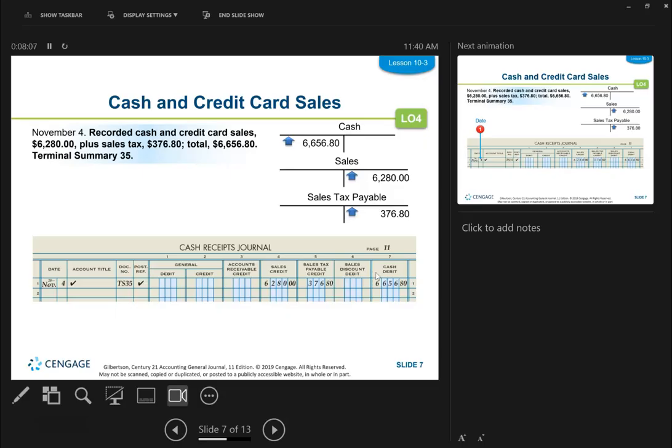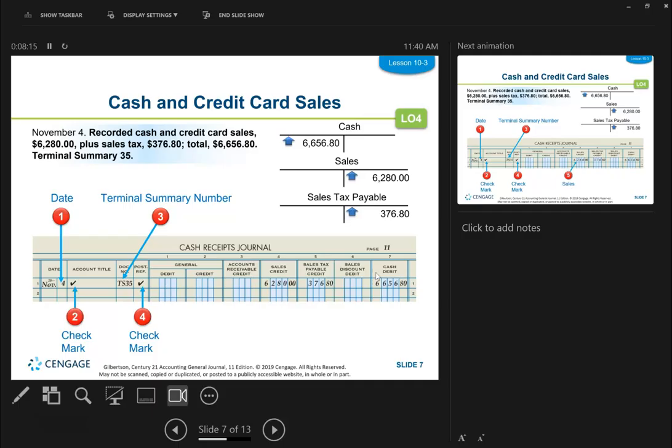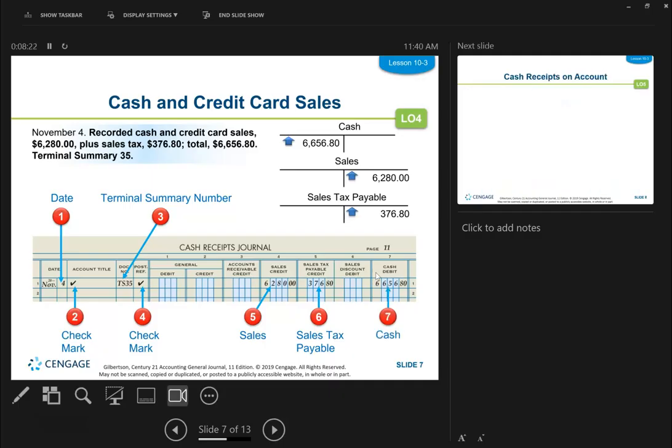Does everybody feel okay with where we took those numbers to record them? So again: date, check mark, document type, post reference, sales total, sales tax, total. Everybody okay?